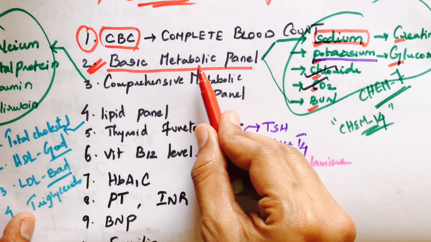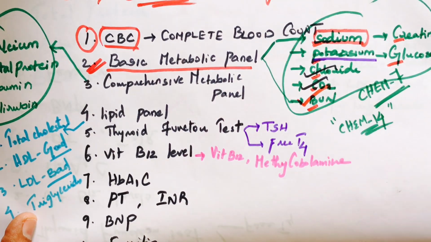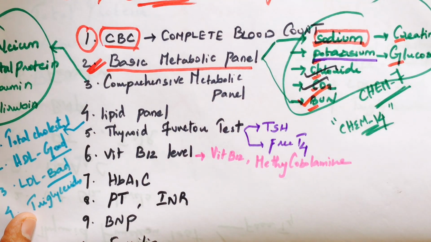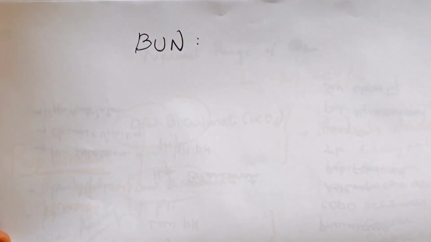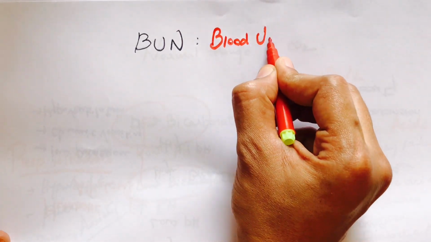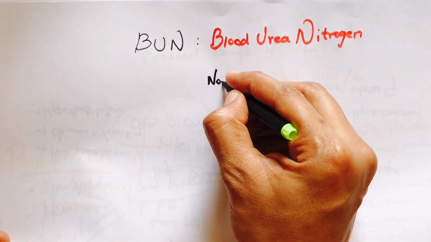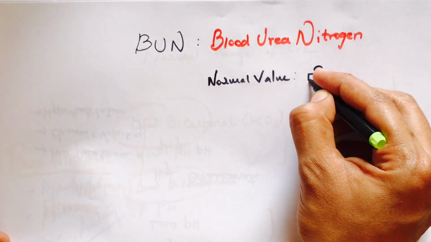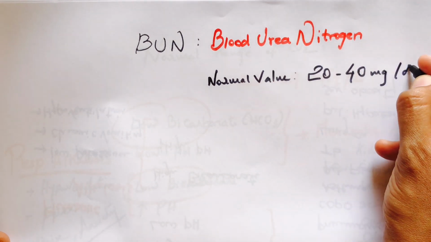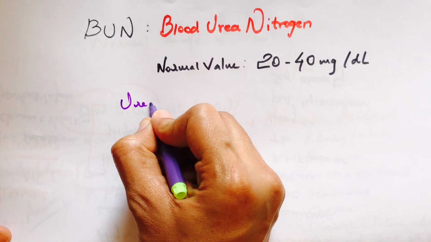The next component in the basic electrolyte panel is BUN. BUN stands for blood urea nitrogen. The normal value of blood urea is 20 to 40 mg per dl.